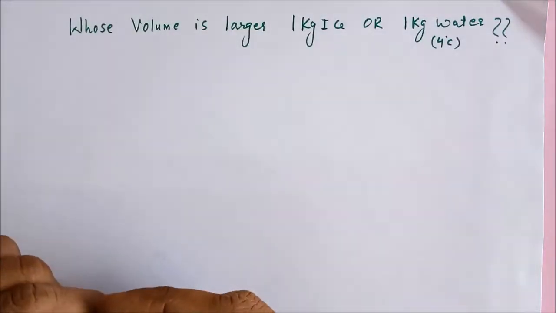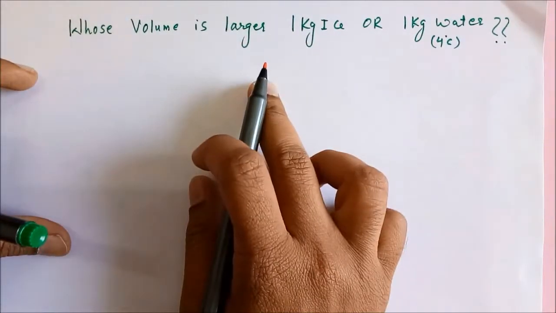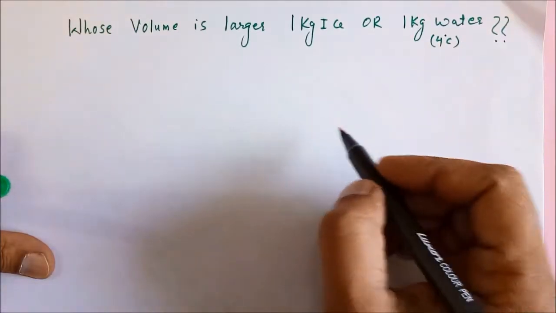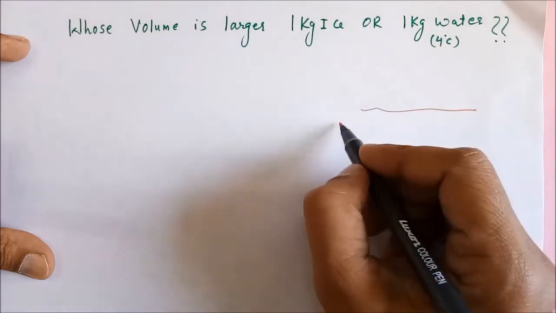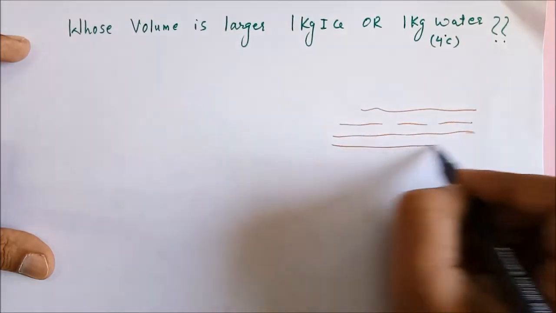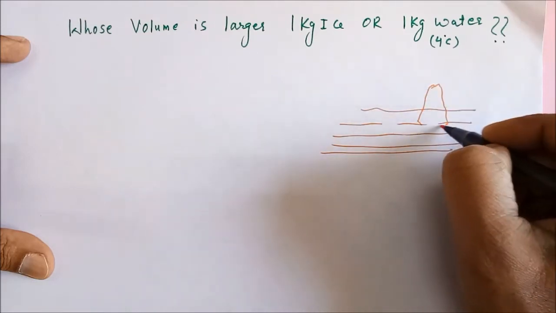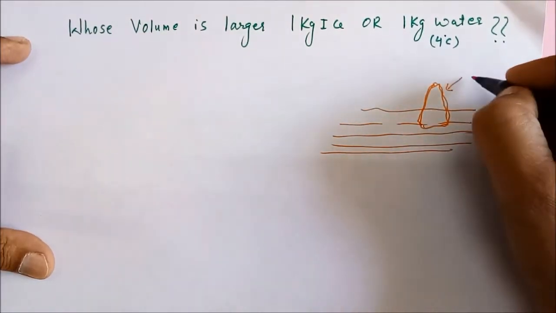So everybody knows about RMS Titanic, that on one fine night RMS Titanic was going in the sea and suddenly it hit an iceberg. So suppose this is the water and this is the iceberg, and we know that icebergs float in water.